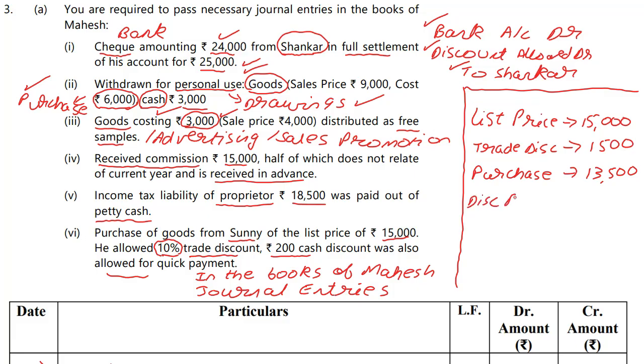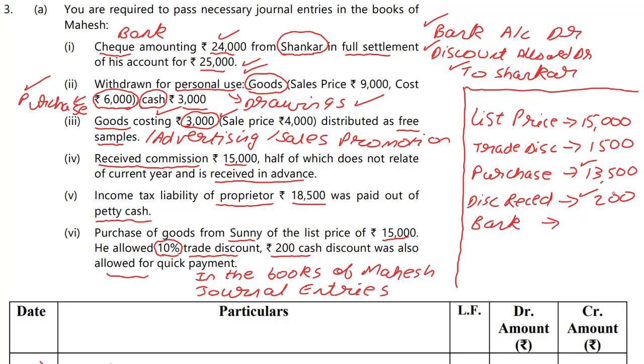The account that you're going to be using is discount received. Okay, I'm just using short form. We'll use full form in the journal entry. How much? 200. So if you are buying something effectively for 13,500 and you're getting a cash discount of 200, how much are you paying? How much will be credited to the bank account?